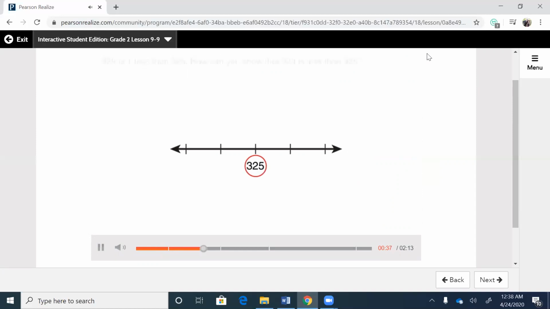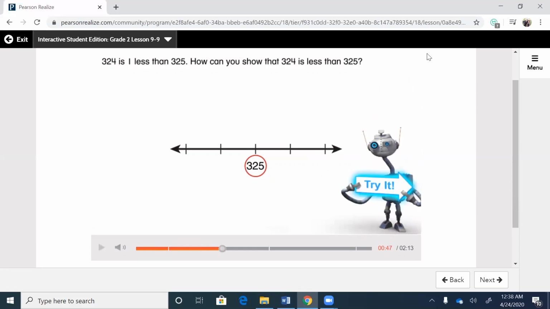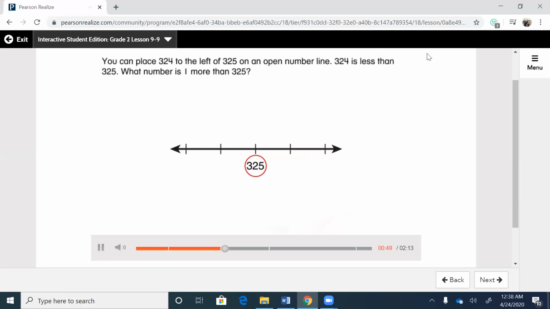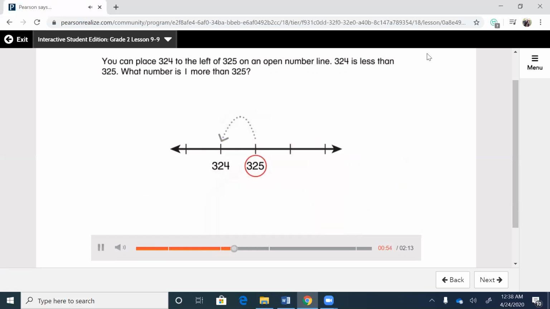One less than 325. Okay, so think about where would you put 324? Point to it on your screen, and now we're going to see if you're correct. Okay, so you put it to the left when it's less than.